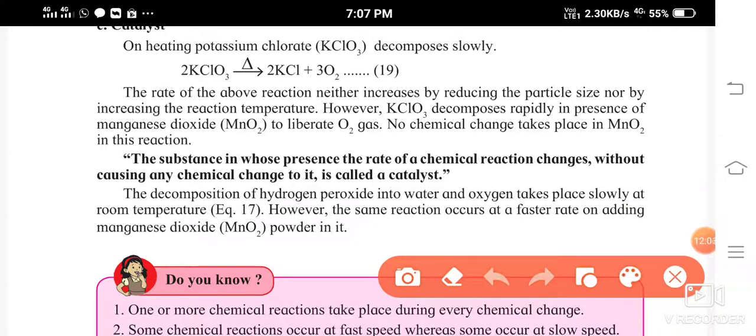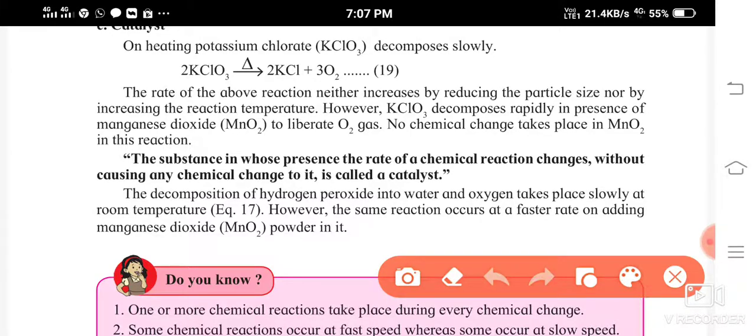The substance in whose presence the rate of a chemical reaction changes without causing any chemical change to it is called a catalyst. The decomposition of hydrogen peroxide into water and oxygen takes place slowly at room temperature.